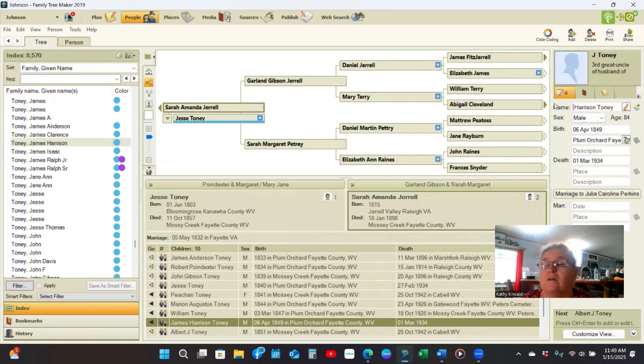I'm going to leave this go. I'll take this part out because that's not correct. Robert Poindexter, 1834 to 1914 is correct. I got to put a question mark beside this one so I can do some more research on it. Okay. Robert Poindexter is correct.